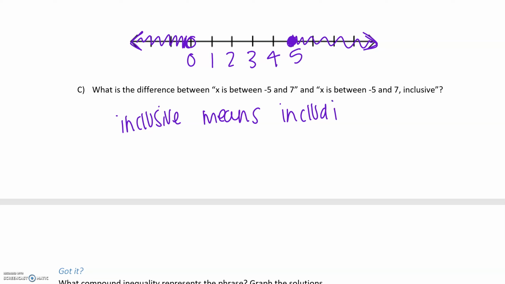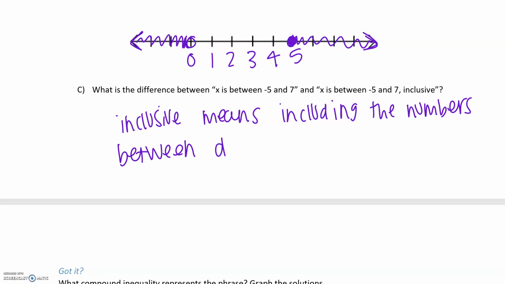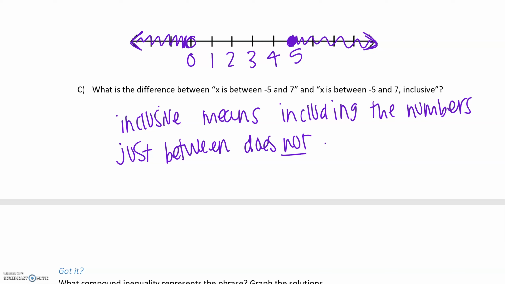And if we say just between, that does not include the numbers.